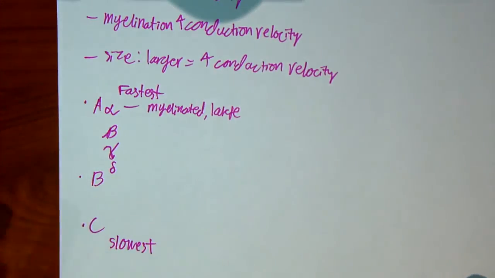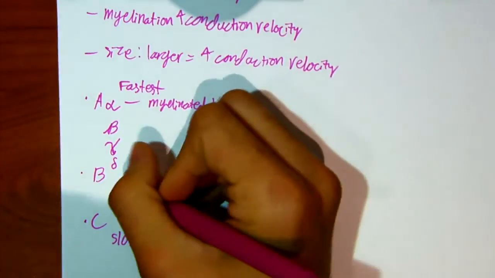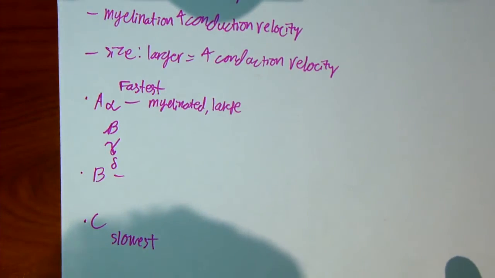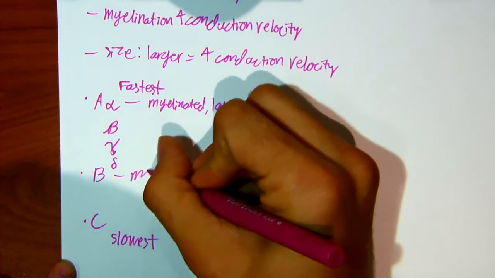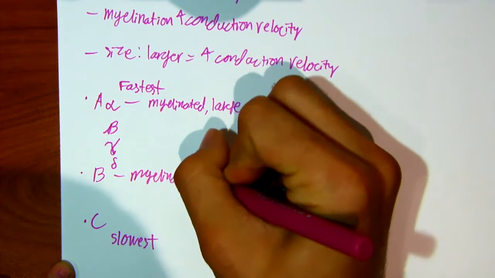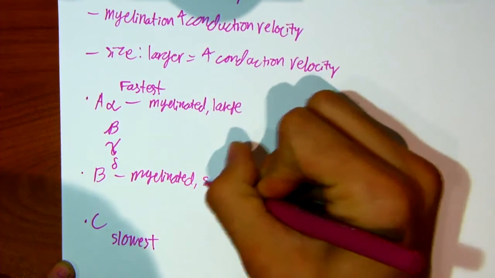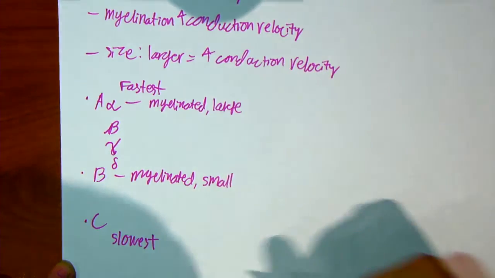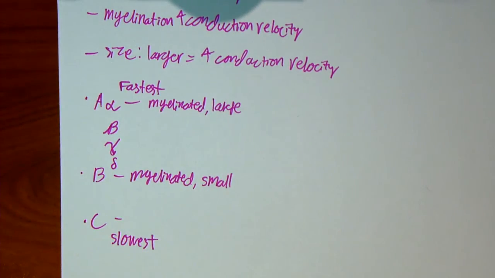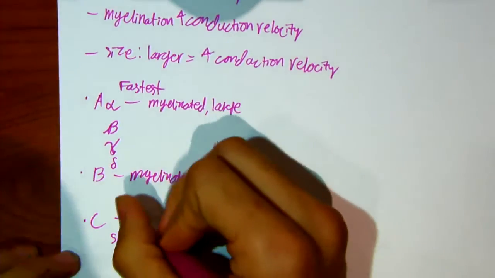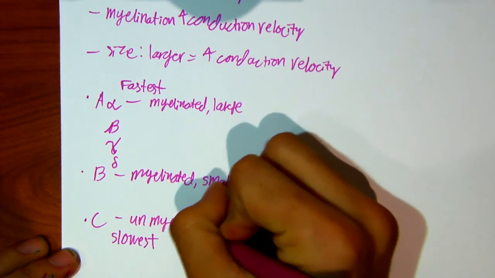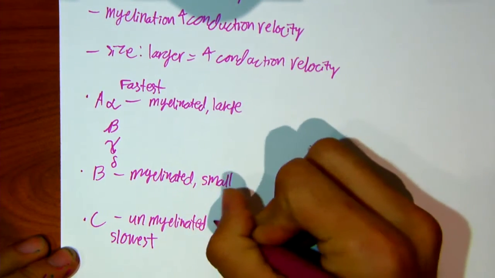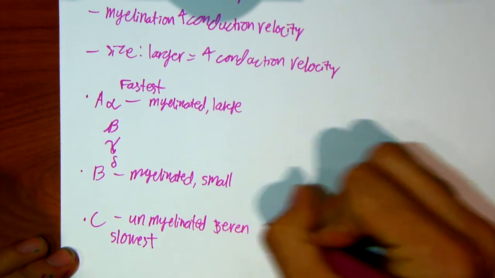You don't need to know the exact measurements. So B cells, what do the B-type neurons have going for them? Good, so they're myelinated, but they're smaller. What about C-classified neurons? Good, so C-class neurons are unmyelinated, and even smaller.